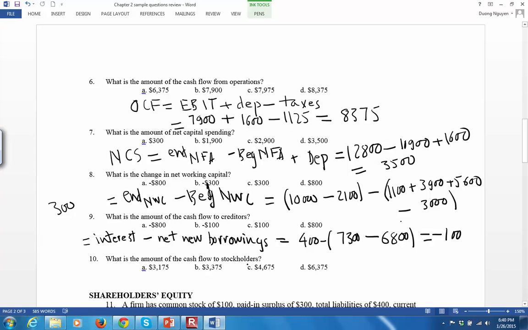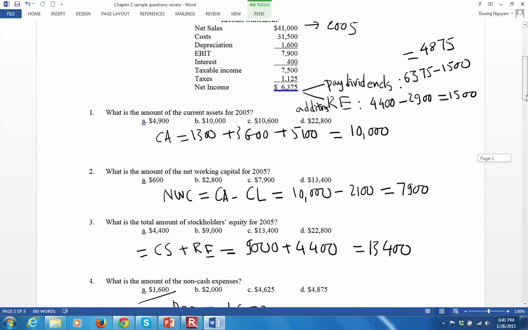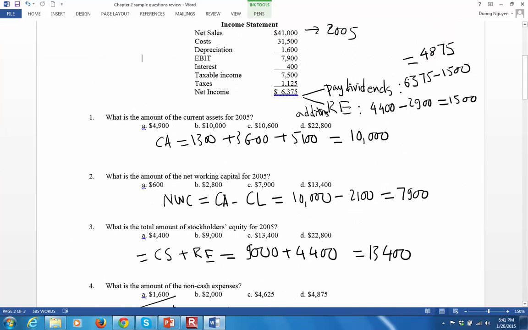What is the cash flow to stockholders? It is equal to dividends minus net new equity raised. So dividends are equal to 63.75. You can see the dividends we calculated as 63.75, minus 1,500.